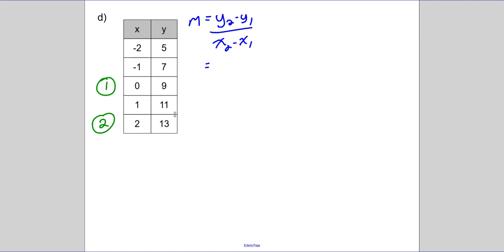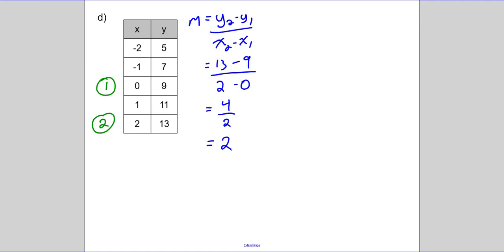So our y2 is 13 minus y1, which is 9, over x2, which is 2, minus x1, which is 0. So 13 minus 9 is 4, over 2 minus 0 is 2, and 4 divided by 2 is 2. So there we go. The slope of this line must be 2.